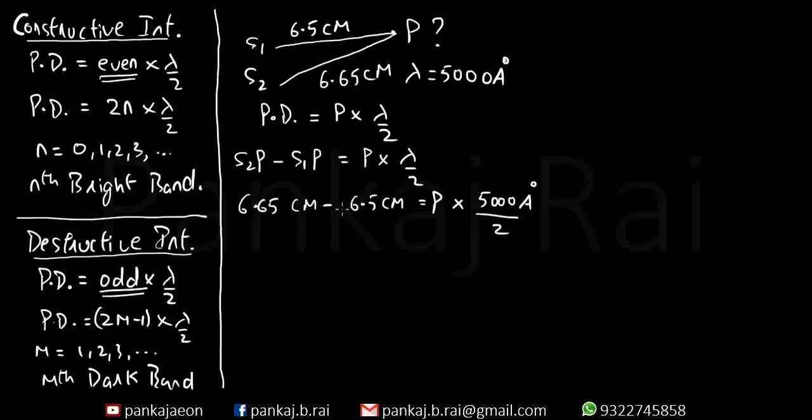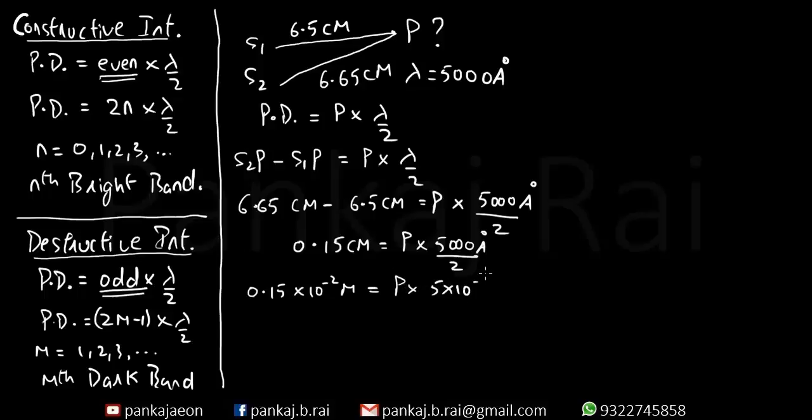Now 6.65 centimeter minus 6.5 centimeter is 0.15 centimeter, which is equal to p into 5000 angstrom unit upon 2. Now let us convert it into standard units. So it is 0.15 into 10 raised to minus 2 meter, equal to p into 5 into 10 raised to minus 7 meters upon 2.